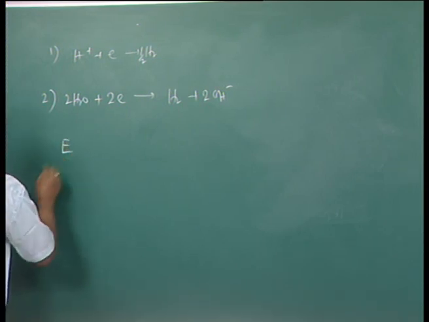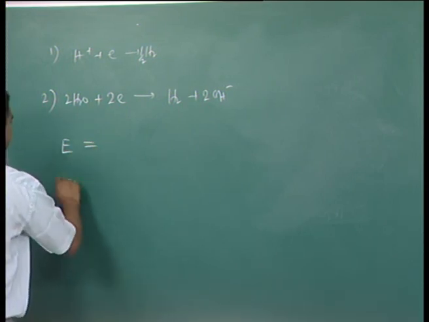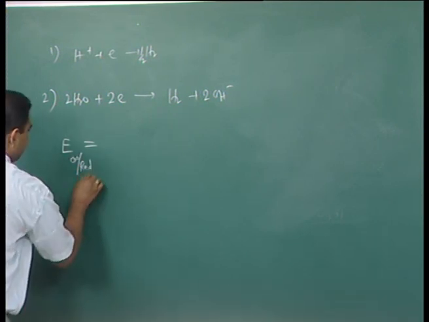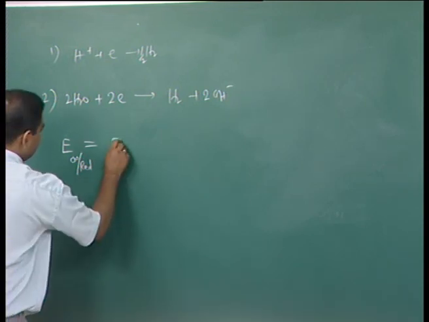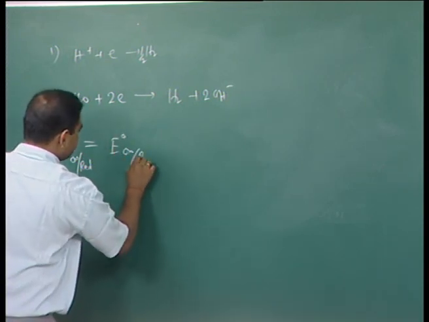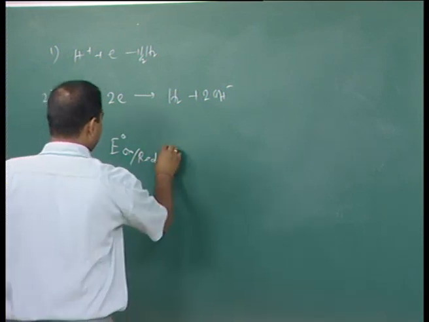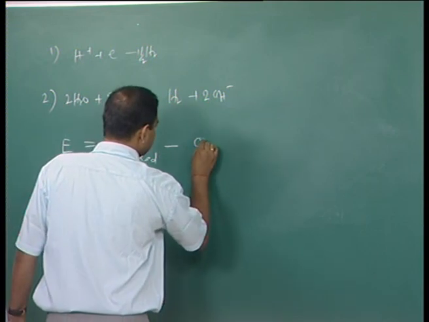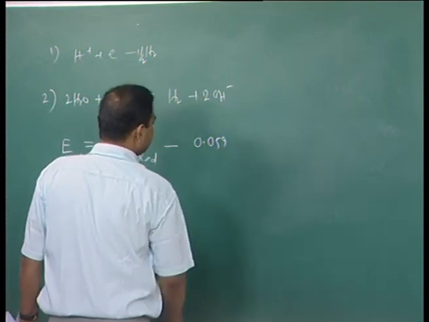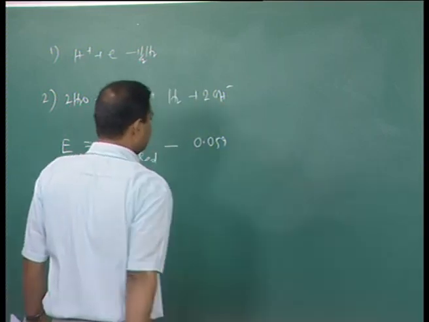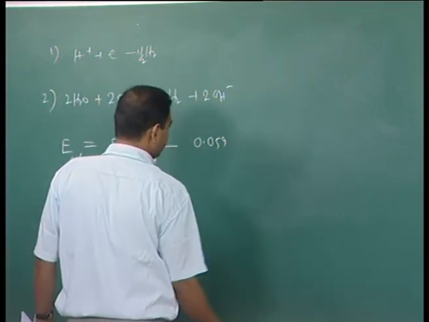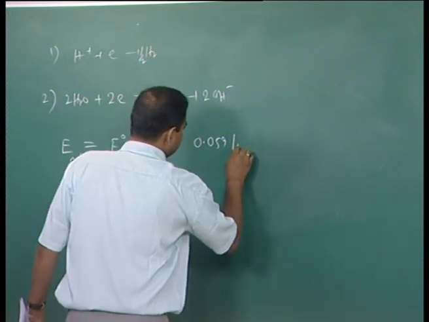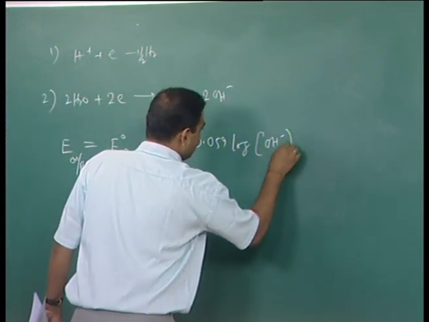We have already seen that this becomes E of ox/red equal to E0 of ox/red minus, if you simplify it, 0.059 log of OH-. You can also use 1, or even omit this 1, if you keep it to 3 decimal places.